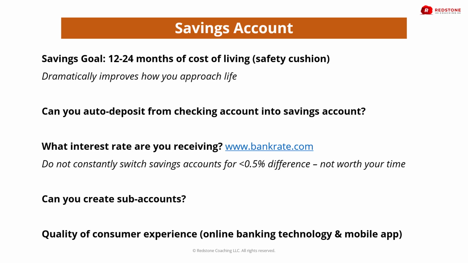All right, so the other thing you want to do is find out whether you can auto deposit from your checking account into your savings account. Most savings accounts allow this, and most checking accounts allow it too. So what you can do is go into your savings account and create what's called an auto withdrawal. It will link to your checking account, and you can set it to either biweekly or monthly and tell it specifically how much money to automatically pull from the checking account and deposit into your savings account every month.